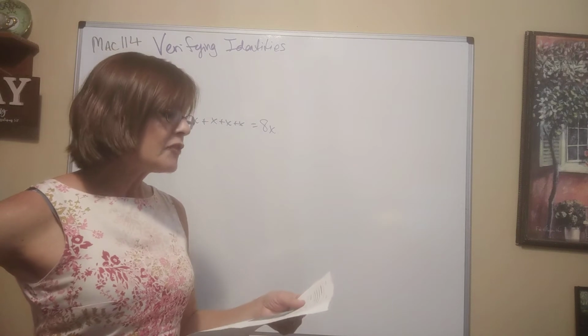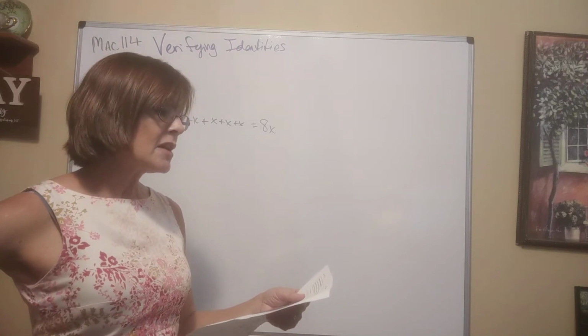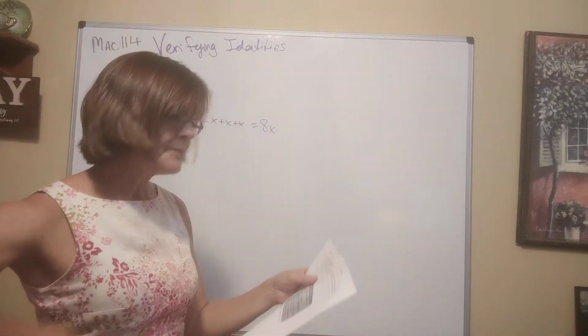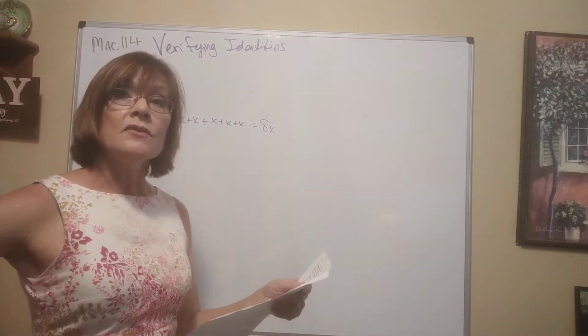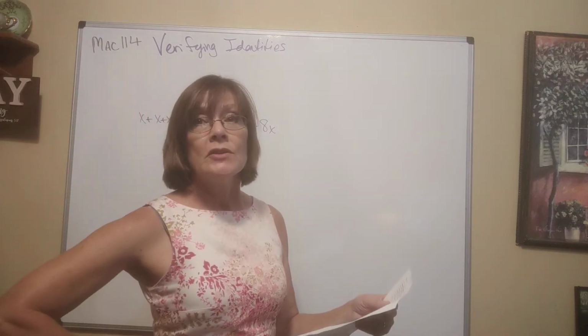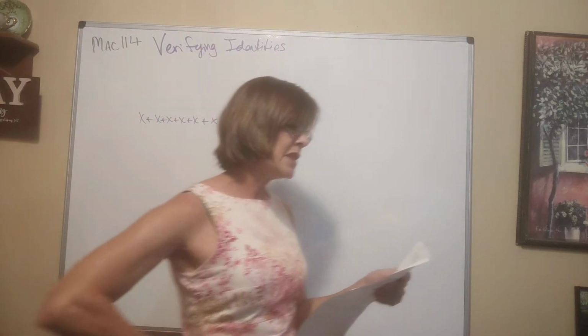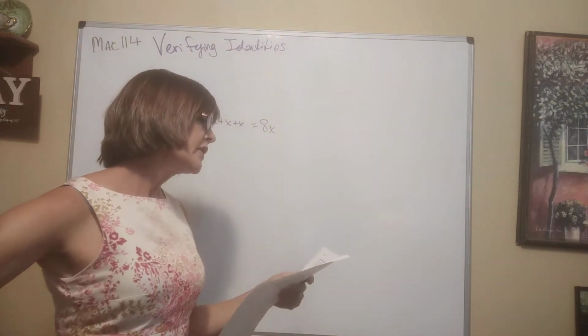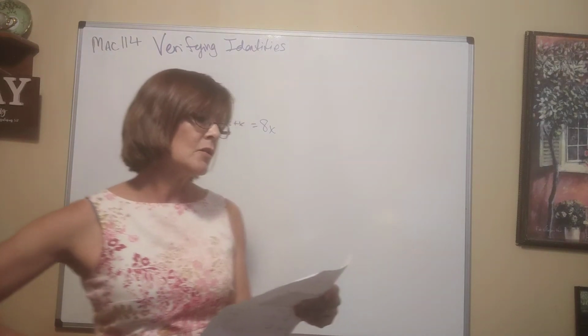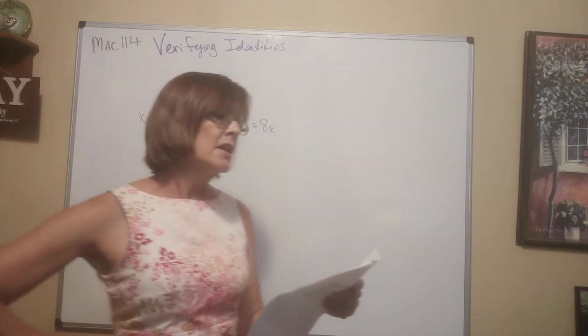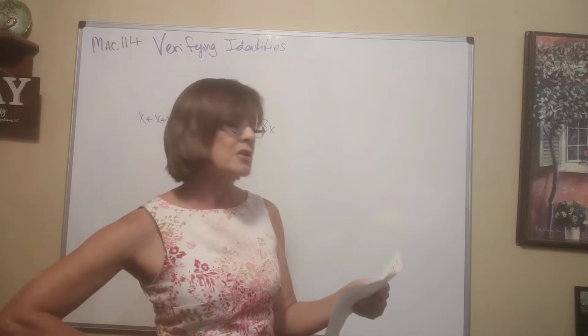It says, to verify an identity, start with the expression on one side of the equation, and through a sequence of valid steps, that's really important, you can't make up false math, that's a big no-no, a sequence of valid steps involving the use of known identities or algebraic manipulation, convert the expression into the expression on the other side.